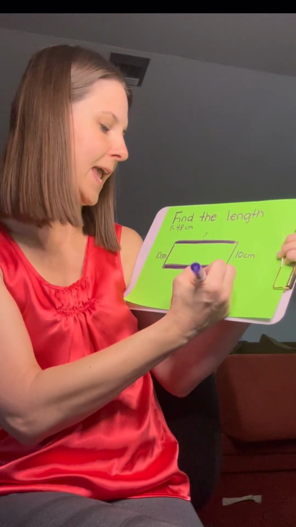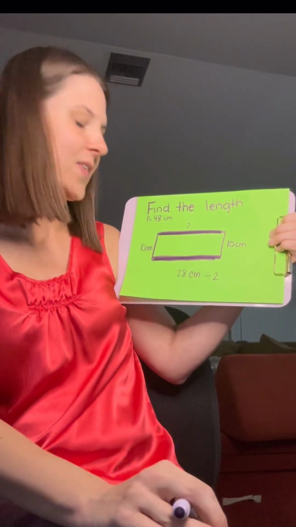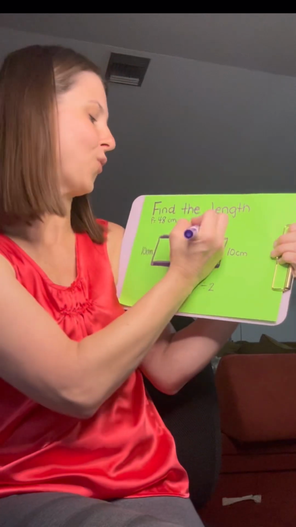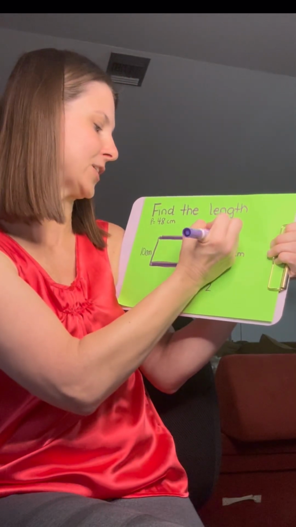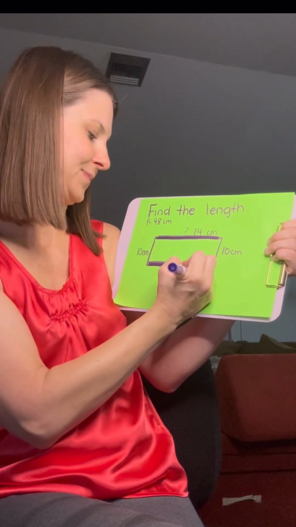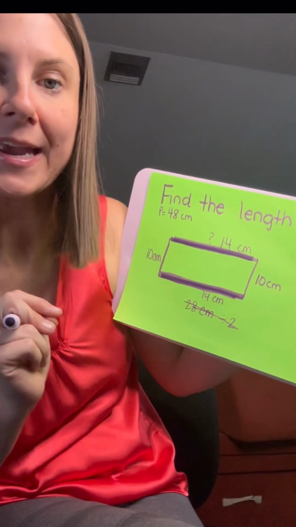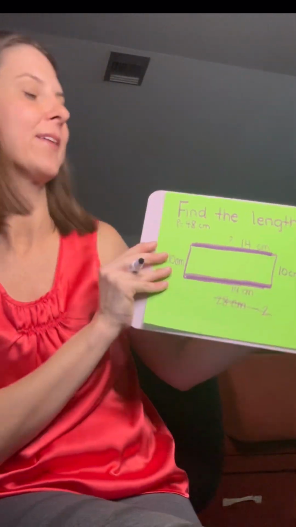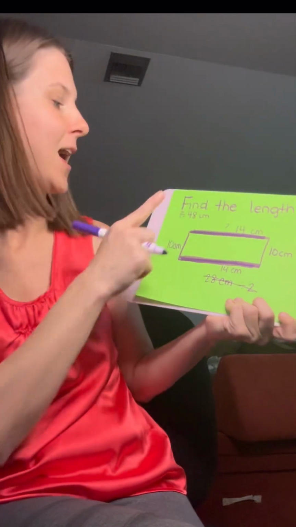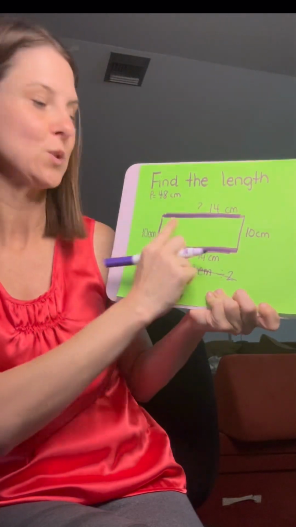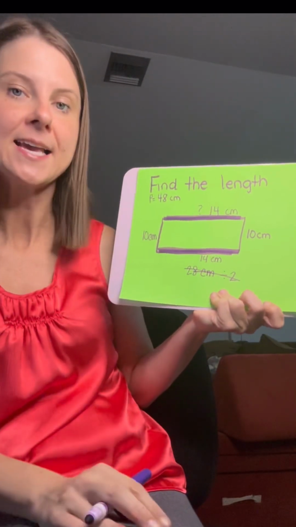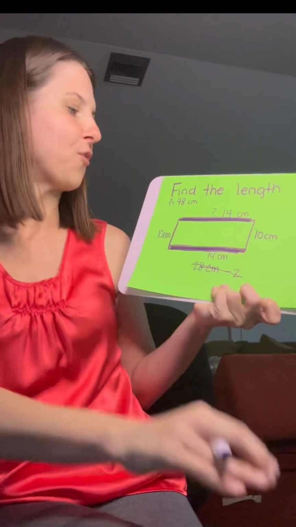So 28 divided by 2, that would be 14 centimeters. Now, I always like to check my answers before I submit anything to see if I'm correct. I know the perimeter is 48, so when I add up all these sides, it has to equal 48.